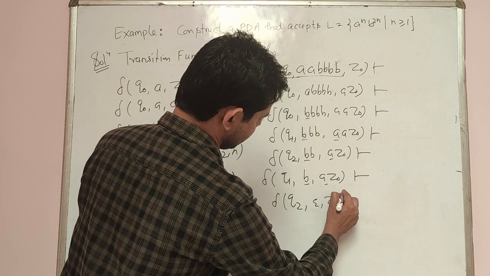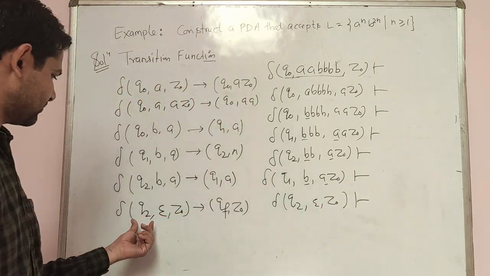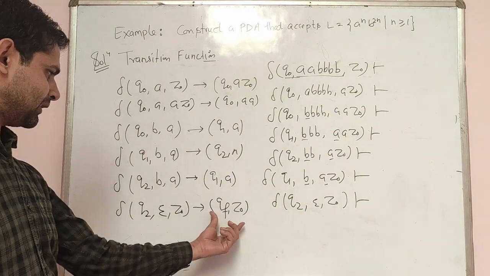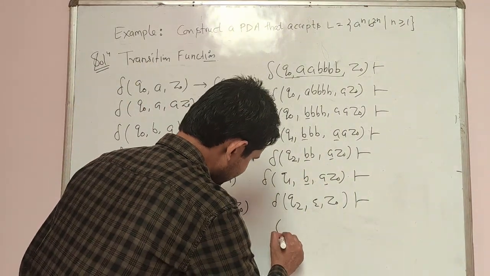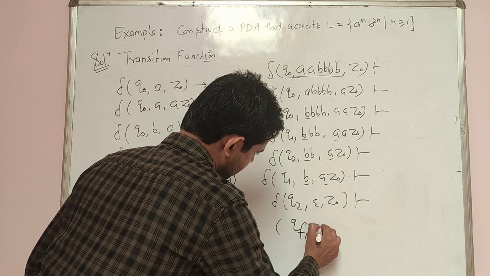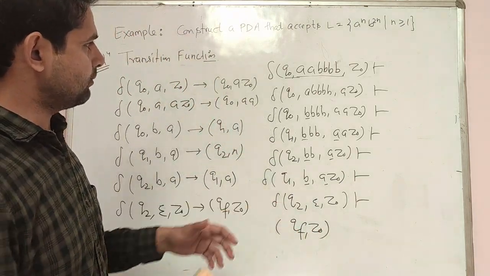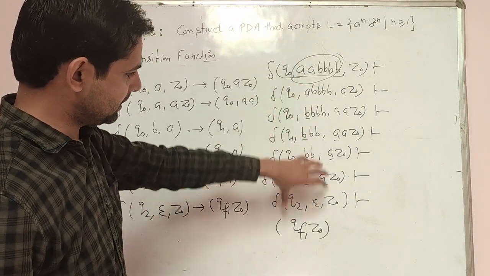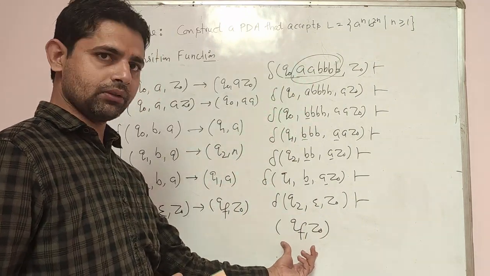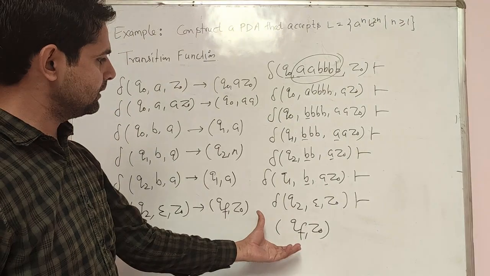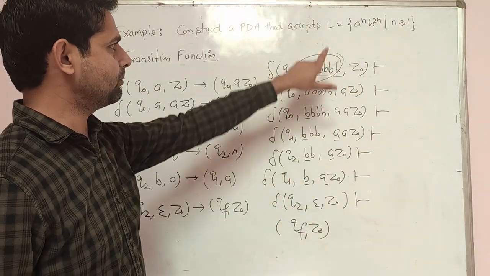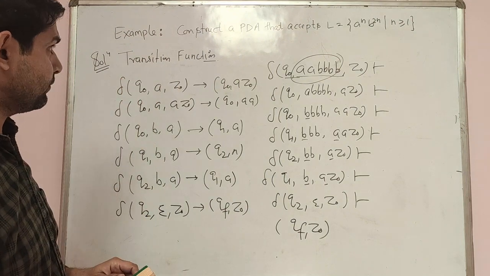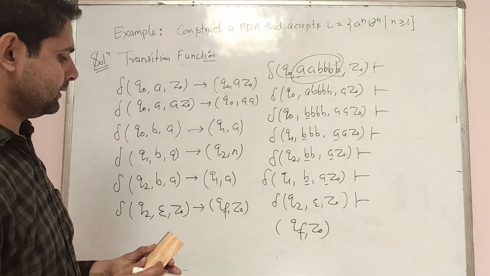The stack condition is Z0. Then, the last one, Q2 null Z0: if this condition holds, we move to the final state, QF Z0. So we have considered this string, it can complete the string, and at the last we are on the final state. It means that the string is accepted by this language. So that is the transition function for this language.